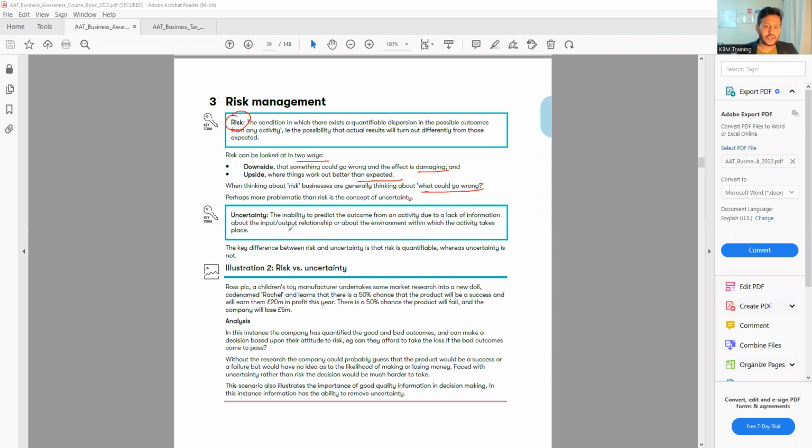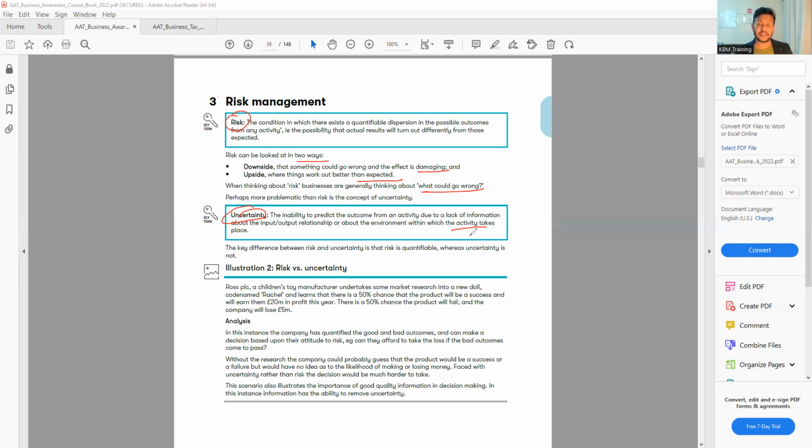On the other hand, we have uncertainty. Uncertainty is all about the inability to predict the outcome from the activity due to lack of information about the input and output relationship or about the environment in which the activity takes place. So obviously, for example, if COVID comes back again next year, no one knows it. So that's uncertainty.